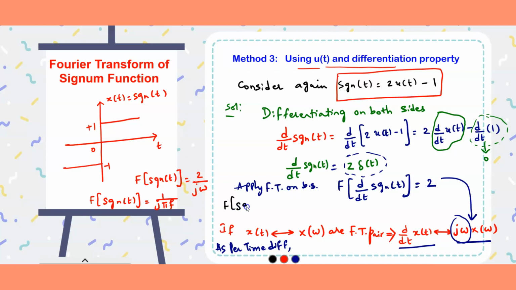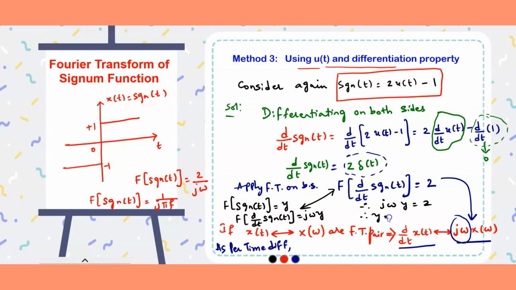Assume Fourier transform of signum of t is equal to some y. Then F of d by dt of signum of t will be equal to j omega y. Now comparing, j omega y equal to 2, right?